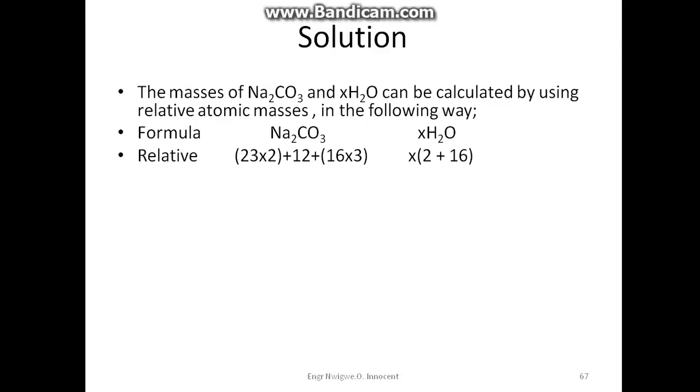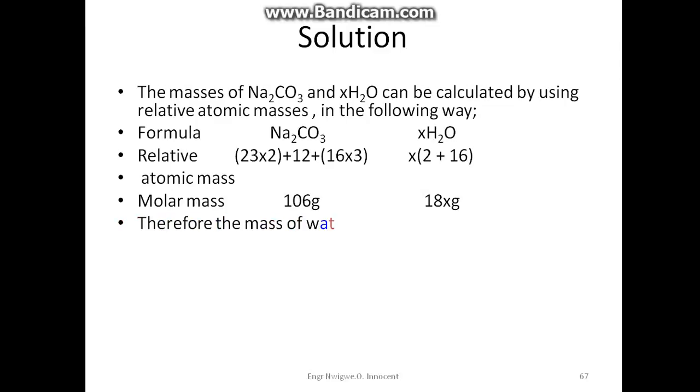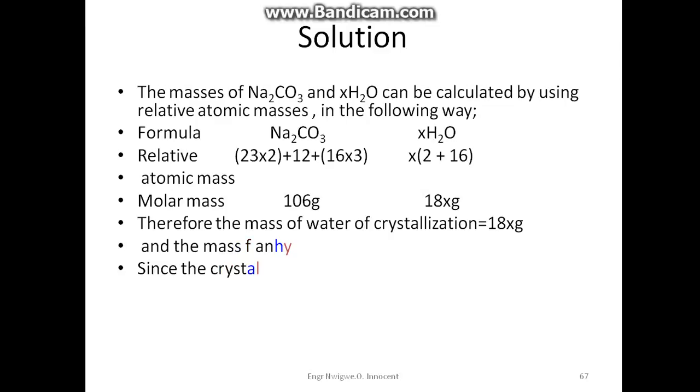Then the water of crystallization has hydrogen and oxygen. We add 2 for hydrogen plus 16 for oxygen, times X. Then the molar mass of the sodium tetraoxocarbonate(IV) will give us 106 grams, while water will give us 18X grams. Therefore, the mass of water of crystallization is 18X grams, and the mass of anhydrous sodium tetraoxocarbonate is 106 grams.